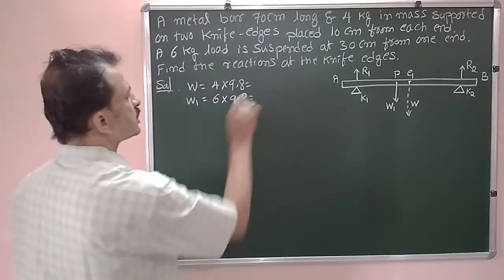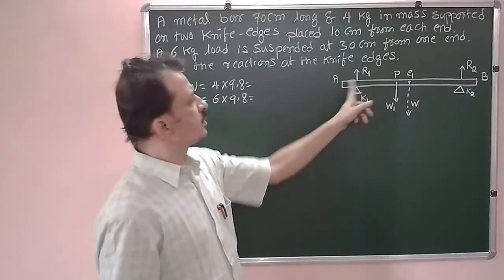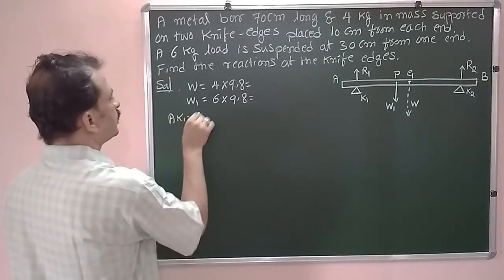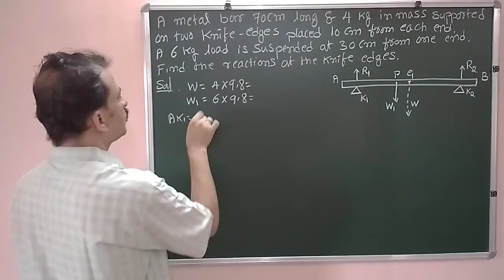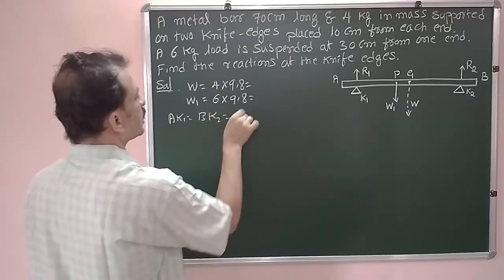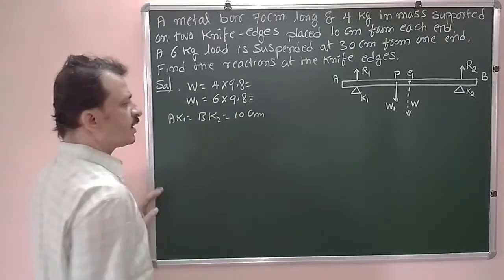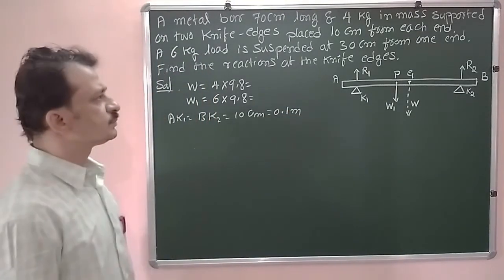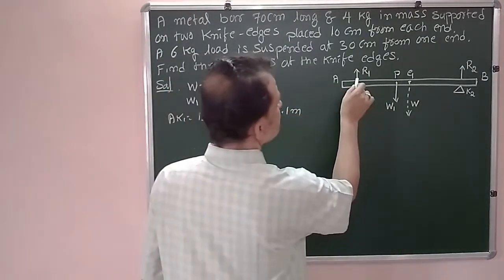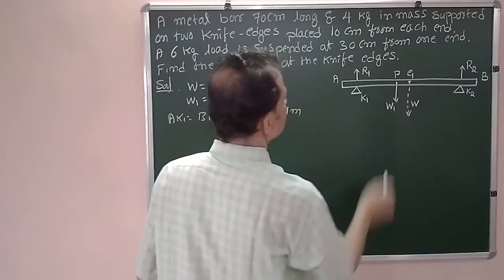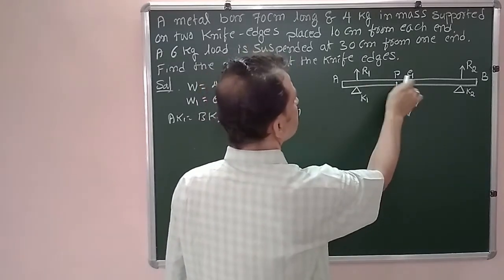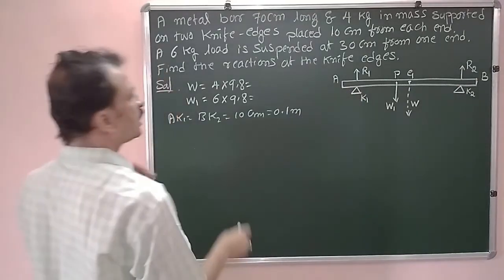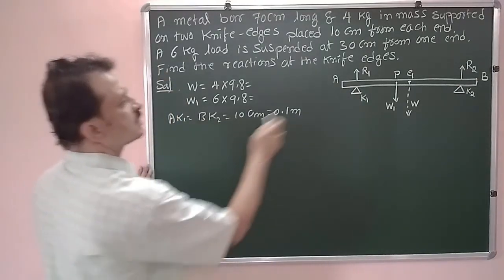Okay, these two things. Now distance we know. AK1 is equal to BK2. Both are at 10 centimeter. If I write it in meters, it is 0.1 meter. Now what is R1G?